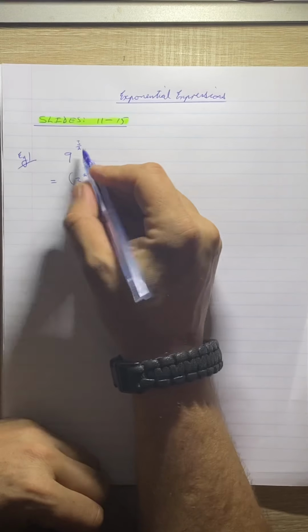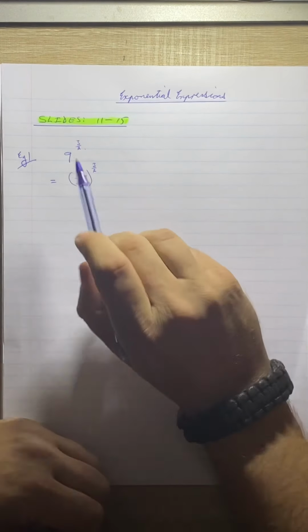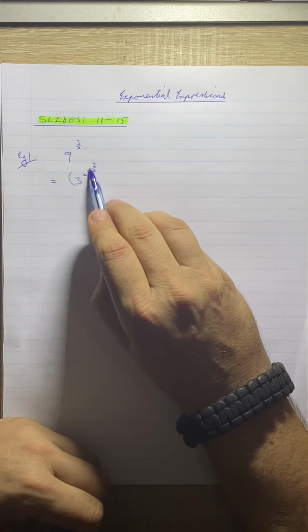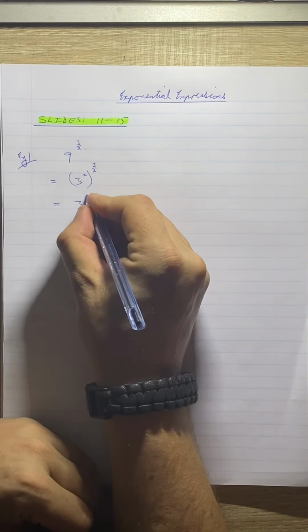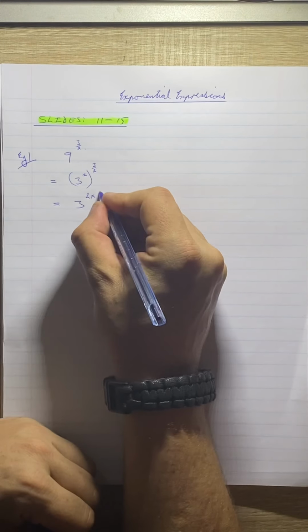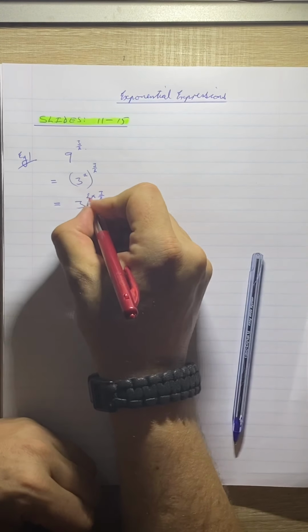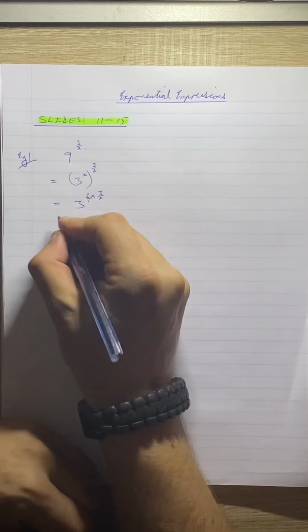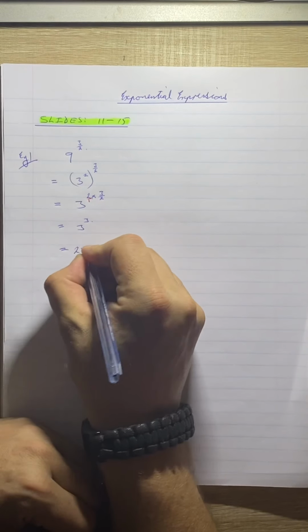But remember that 9 was to the power of 3 over 2. Now, from your exponent laws, you know if you have something to the power of something raised to another power, you multiply those exponents. So this would be 3 to the power of 2 multiplied by 3 over 2. Remember that this 2 is over a secret 1. So these 2's will cancel and you're left with 3 to the power of 3, which gives you 27.